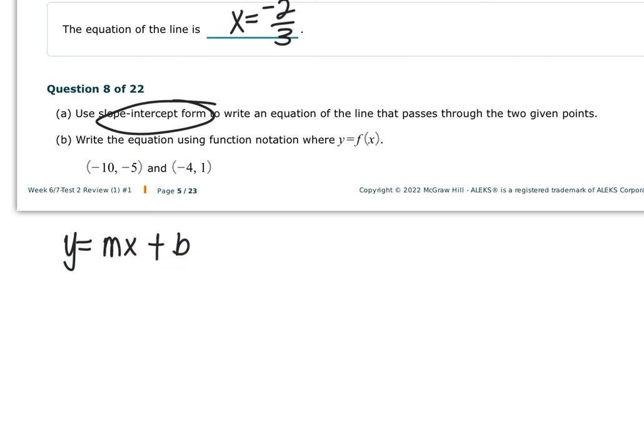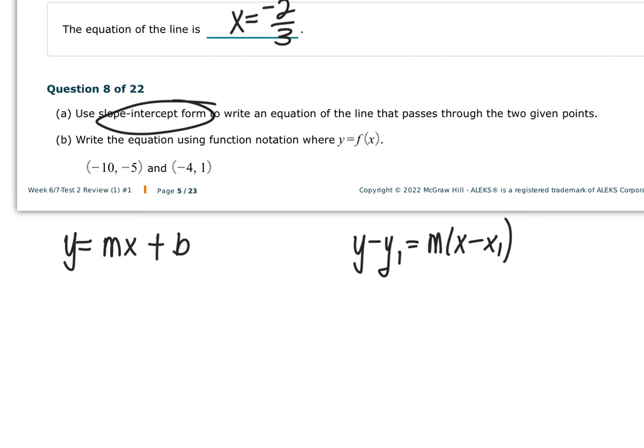Another thing that you could use is the point slope formula, which is really the way I do it most of the time. But since the directions say to use slope intercept form to get the equation of a line, I'll go ahead and show you that way to do it.